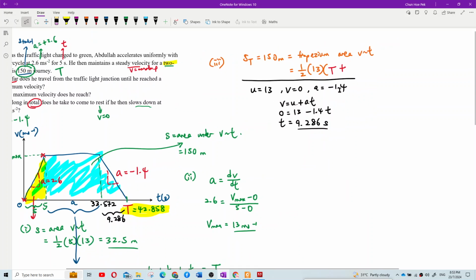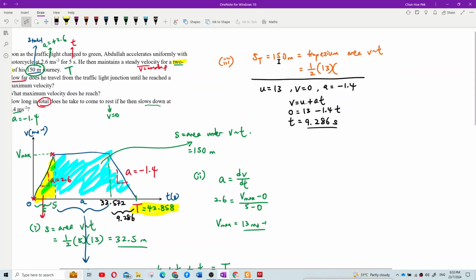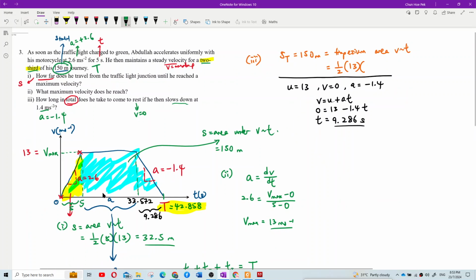So what I mean here is this 150. If you really want to find 150, it should be one half trapezium, 13 plus the 42.858 plus 33.572 minus 5, which is 28.572.